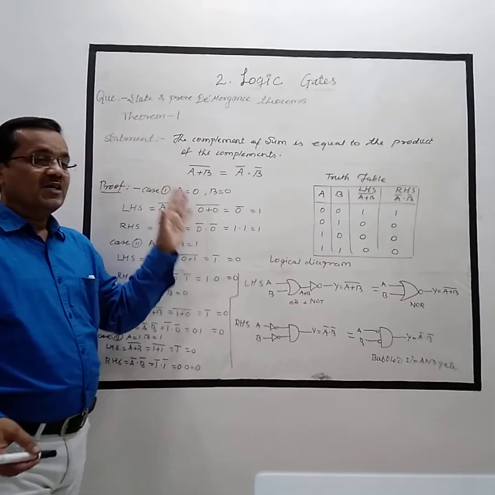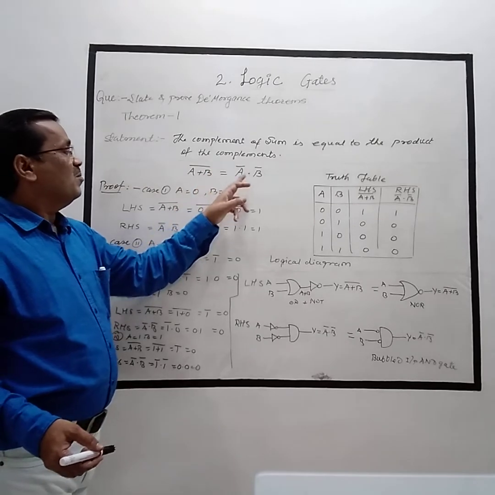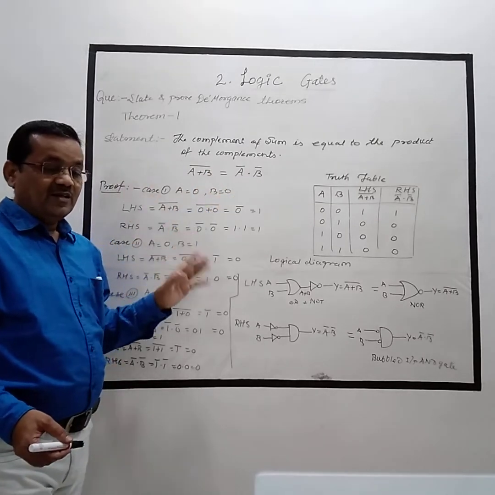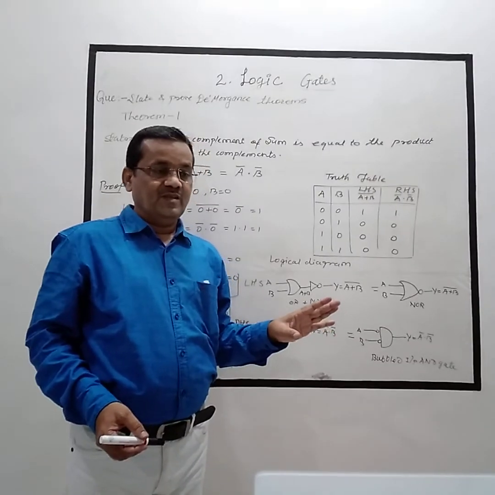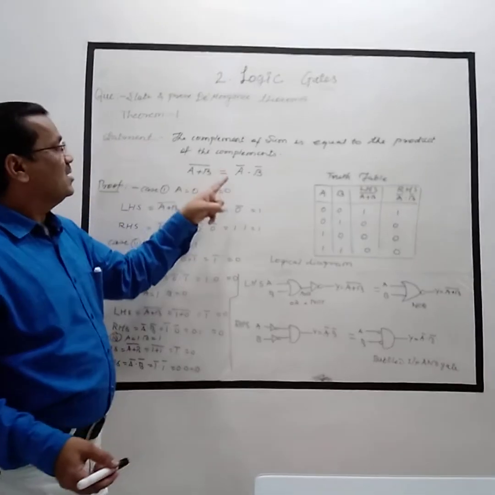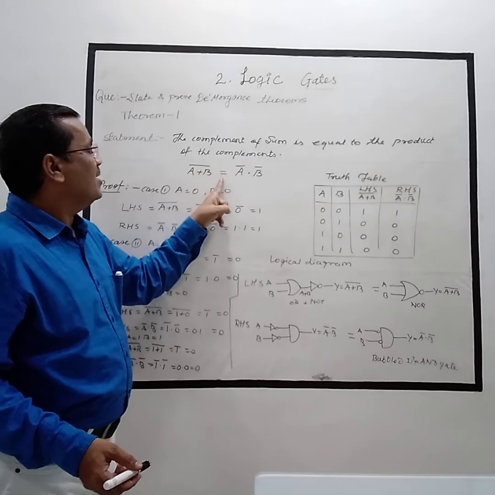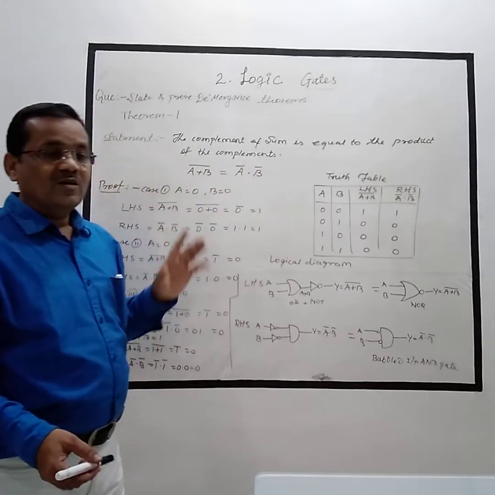NOR gate is equal to the bubbled input AND gate. This is the De Morgan's first theorem. Hence, it proves that A plus B whole complement is equal to A complement dot B complement.